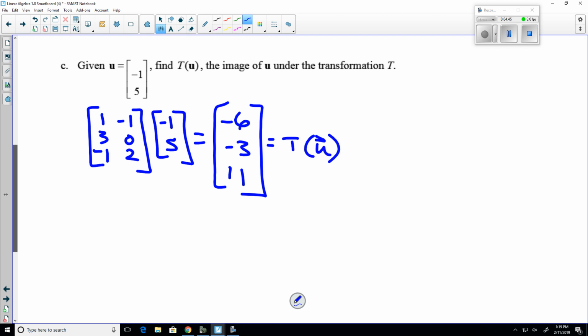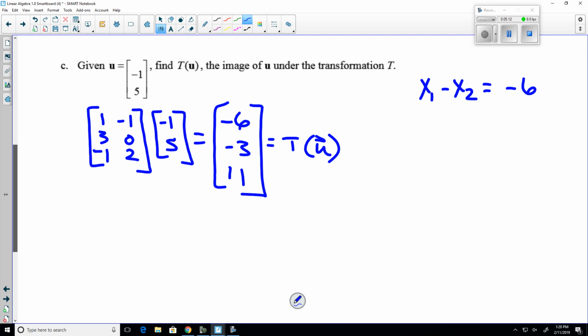Right? Yes? So that's the same thing if we use the x1 minus x2. So what would be x1 minus x2? It would be negative 1 minus 5, that's negative 6, right?